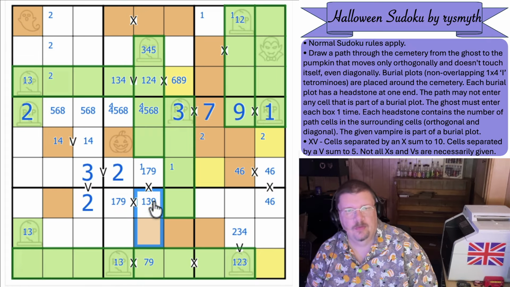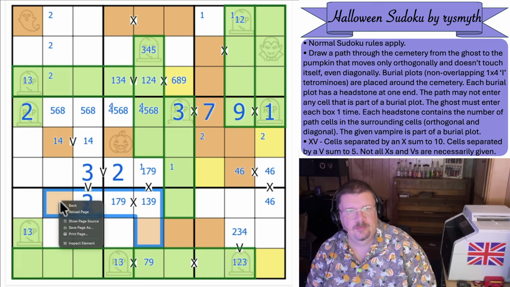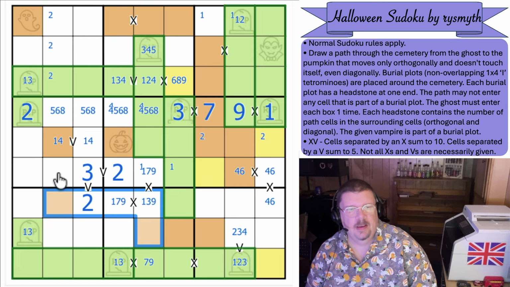So I either do that or I do that. If I do that, I have to go to there. Then I have to go up because I can't make this 3. Then that's on.